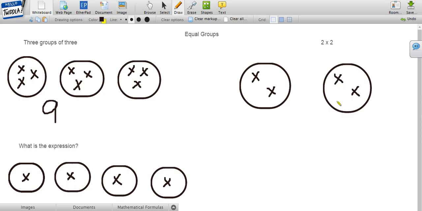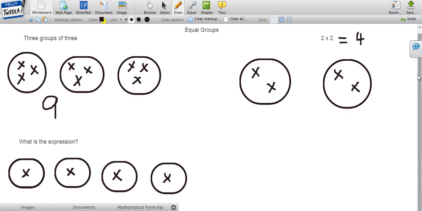If I were to ask you to solve the expression 2 times 2, we count the X's again. We have 1, 2, 3, 4, so we know that 2 times 2 equals 4. Because I have 4 items, in this case X's, we have 2 X's in each of our two groups, 4 total.